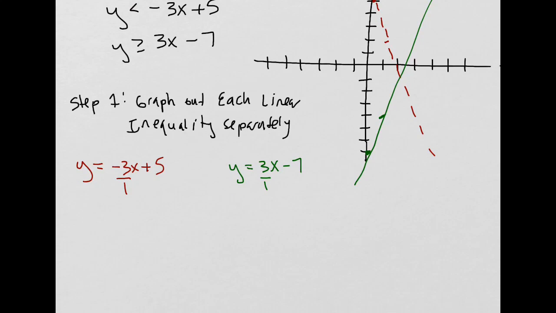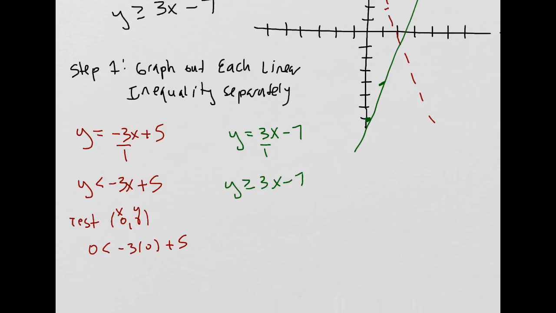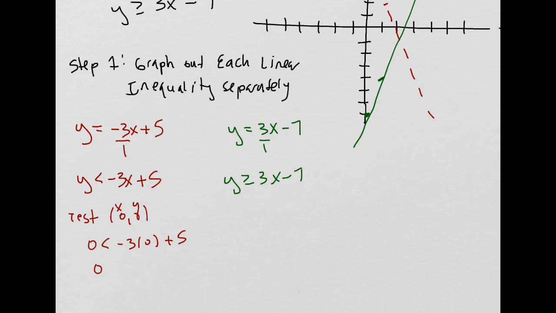So I'm going to write our original inequality for each one, and then I'm going to test 0, 0 to see if that gives me a true or false statement. So I'm going to plug 0 in for x, 0 in for y. If I do that, I'll get 0 is less than negative 3 times 0 plus 5. If I work out the right-hand side, I get 0 is less than 5. That's a true statement.